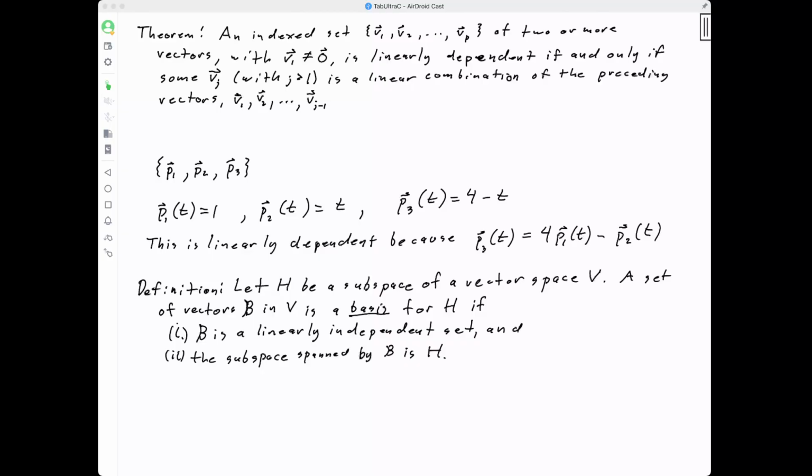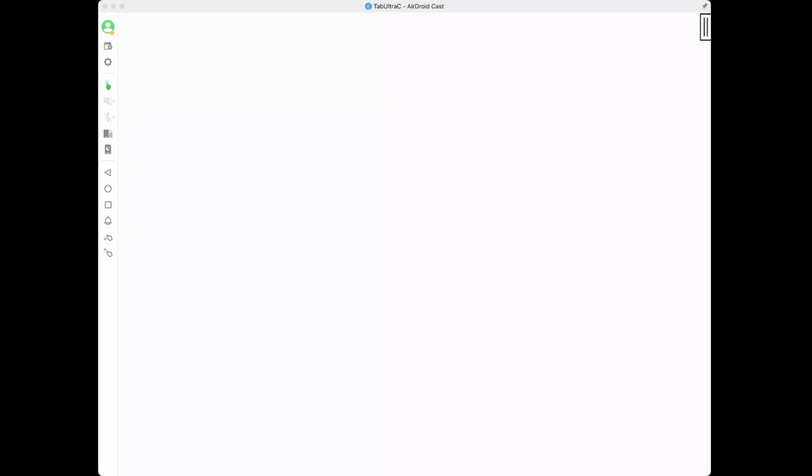So let's look at an example, one that is a particularly useful example for us. If I think about the vector space R3, R3 is the vector space whose vectors look like this. So it's the vector space where the vectors have three real numbers.